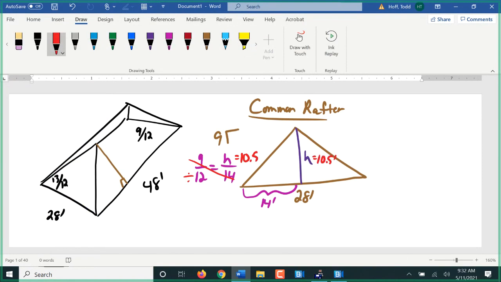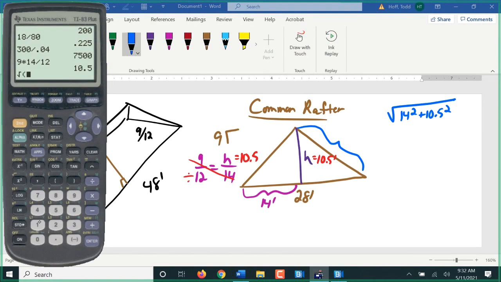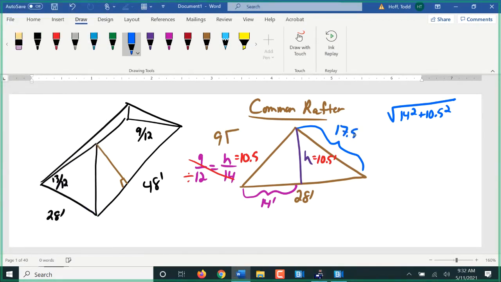That, of course, will allow us to find this common rafter length, which will be the square root of 14 squared plus 10.5 squared, giving us 17.5 feet. So that is this length right here, 17.5 feet.